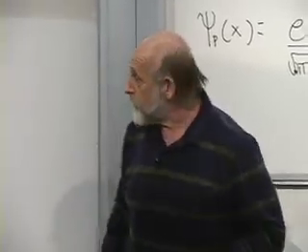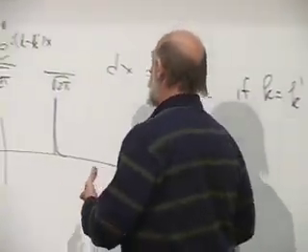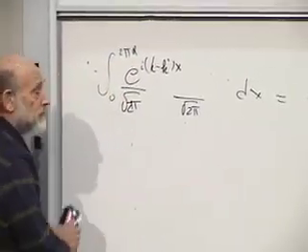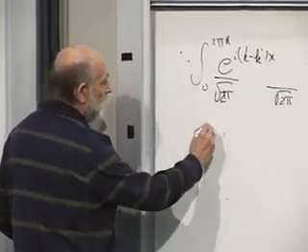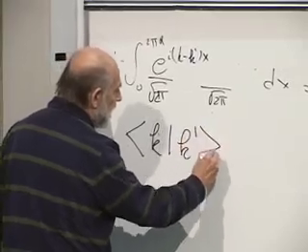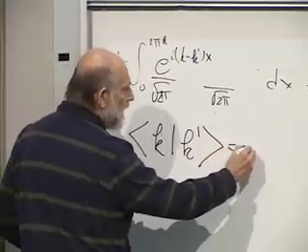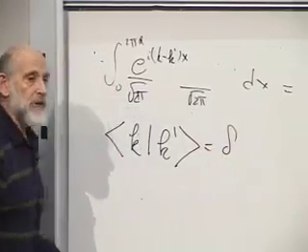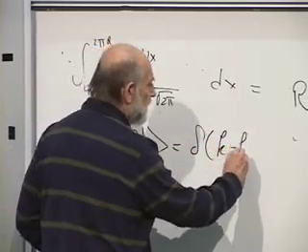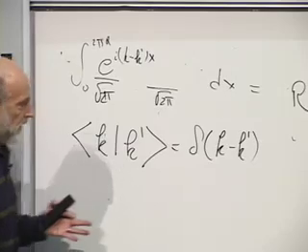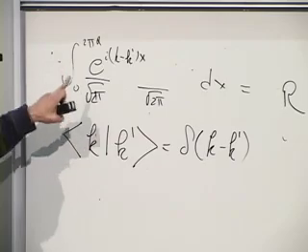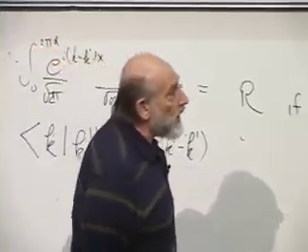Once we do that, we can write the original equation, which I haven't written down, but I'll write it down now: the inner product between two eigenvectors, instead of being equal to a Kronecker delta, becomes a delta function, delta of k minus k prime. So here was the step where we stretched out the vector and made a delta function out of a Kronecker delta. We multiplied each wave function by the square root of r.